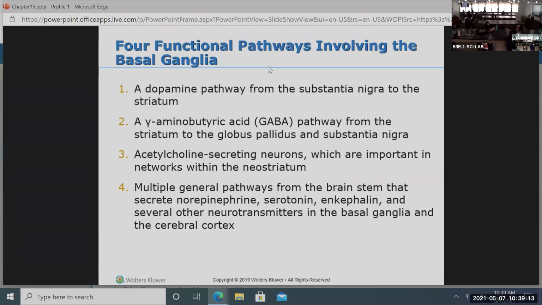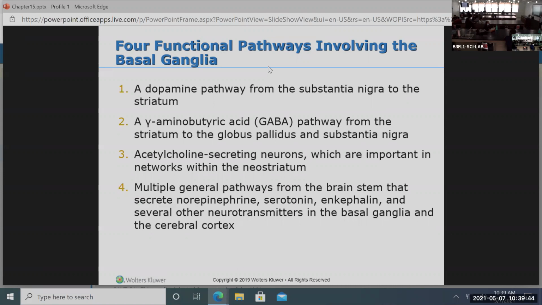Next are the connections. There are four functional pathways involving the basal ganglia. Number one, the one most commonly affected, is the dopamine pathway from the substantia nigra to the corpus striatum, the striatum.